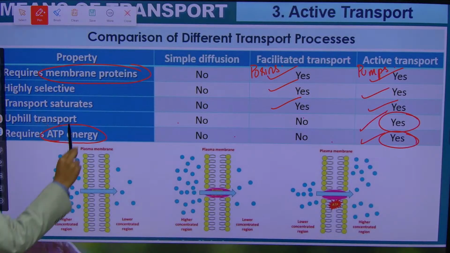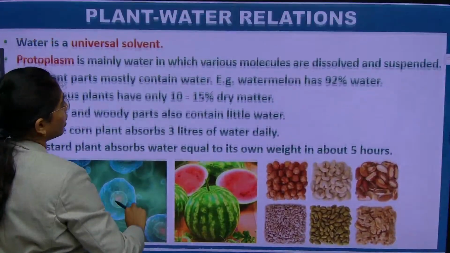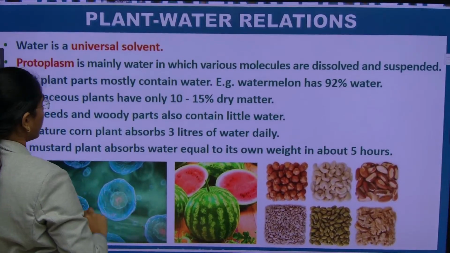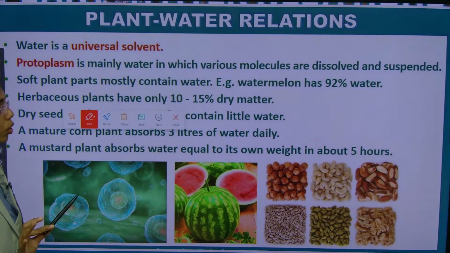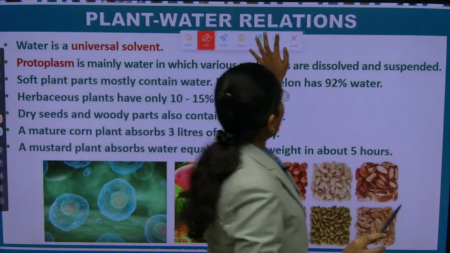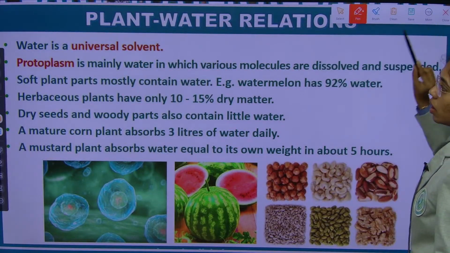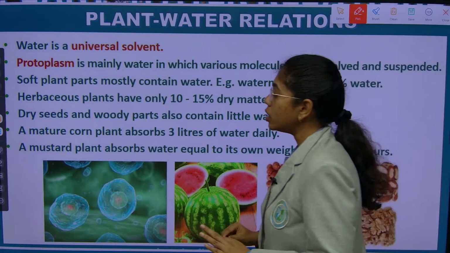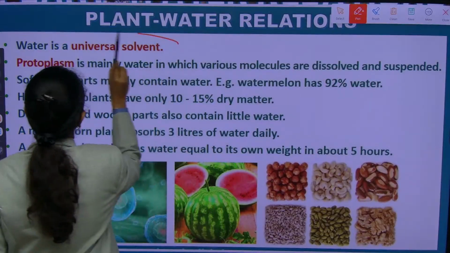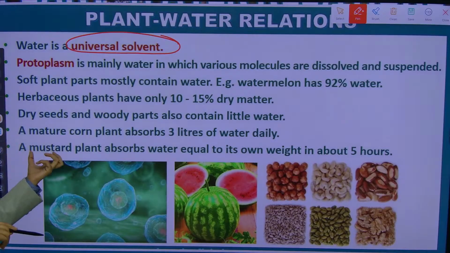Yeah. Now we will move on to the next concept, which is plant-water relations. Before learning plant-water relations, you have to know a few concepts about water potential, pressure potential and solute potential. Remember that water is a universal solvent. And here protoplasm or protoplast, what does it mean?